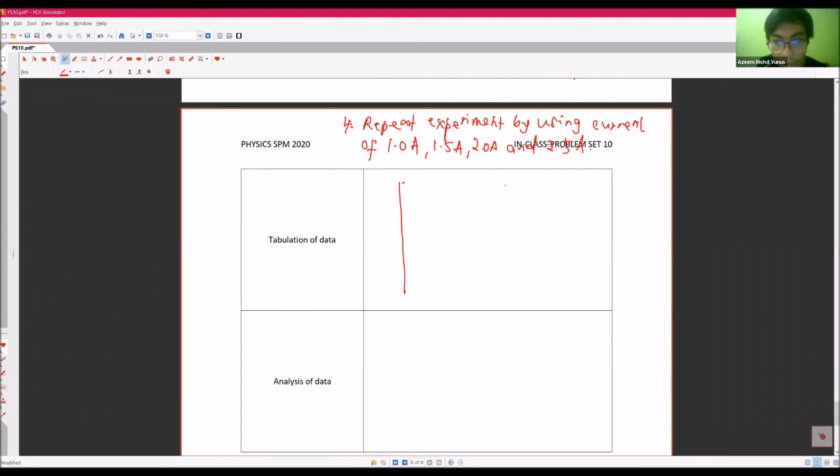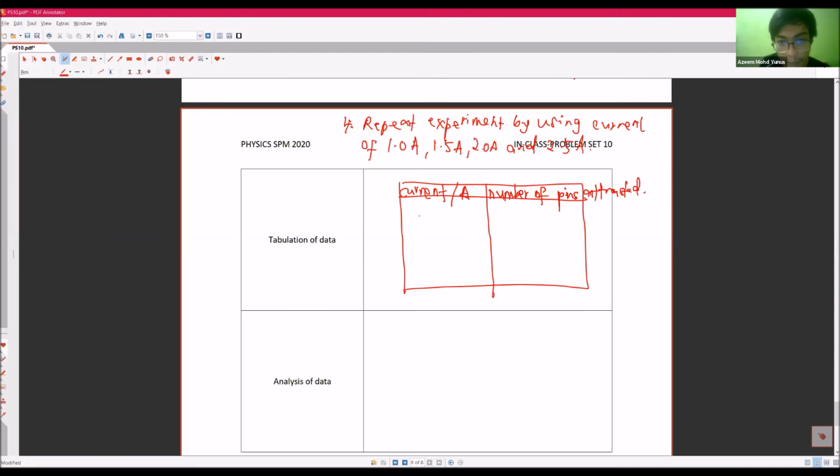Make sure that you draw your table using a ruler. So we have here current, number of pins attracted. We have 5 data: 0.5, 1.0, 1.5, 2.0, 2.5.